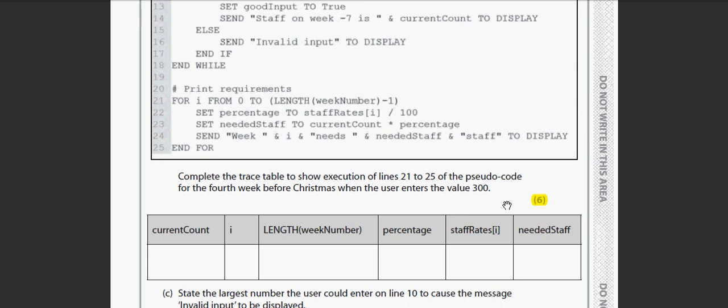I think there was a bit of confusion, which probably came from the fact that you hadn't spent the time on the pseudocode in the previous questions.